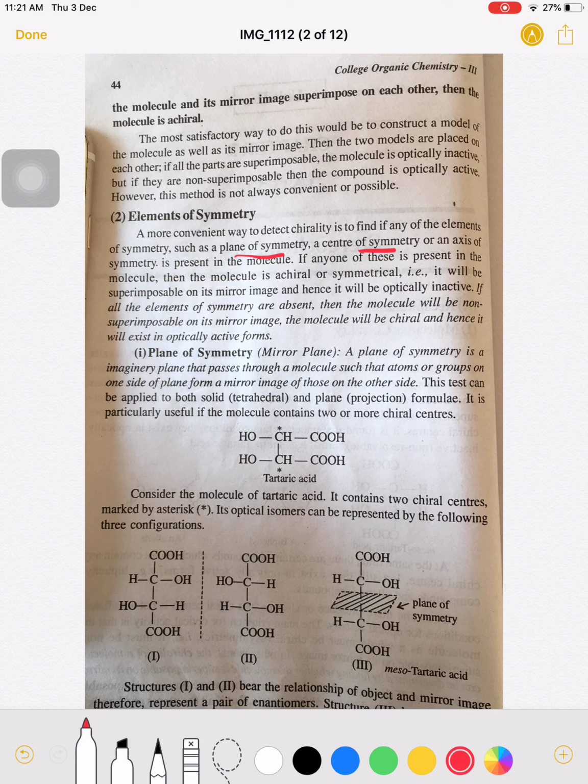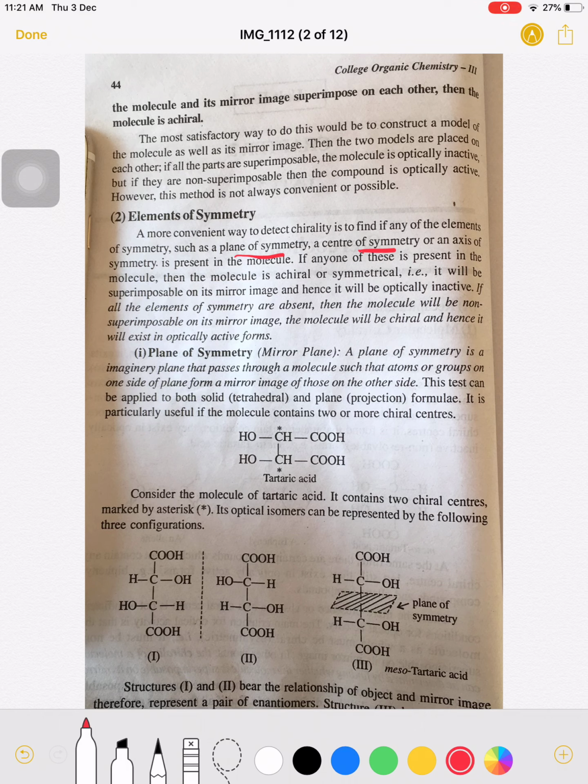So optical activity depends upon the symmetry of the molecule. If the molecule does not have any element of symmetry, that is it does not show any plane of symmetry, center of symmetry, or alternate axis of symmetry, then and only then the molecule is optically active, otherwise it is optically inactive.